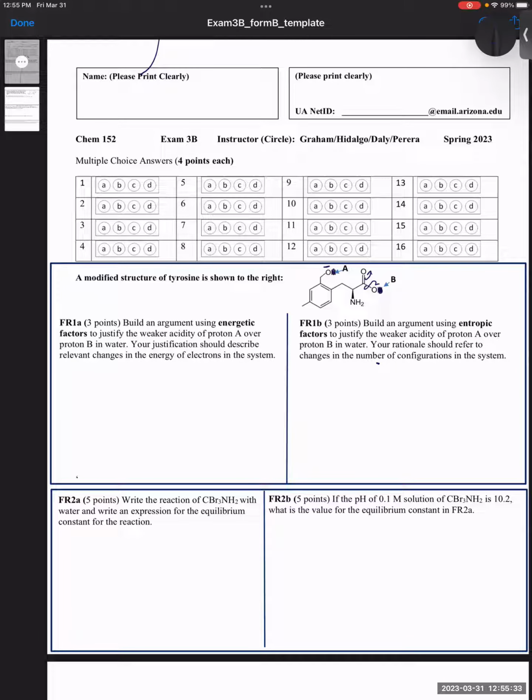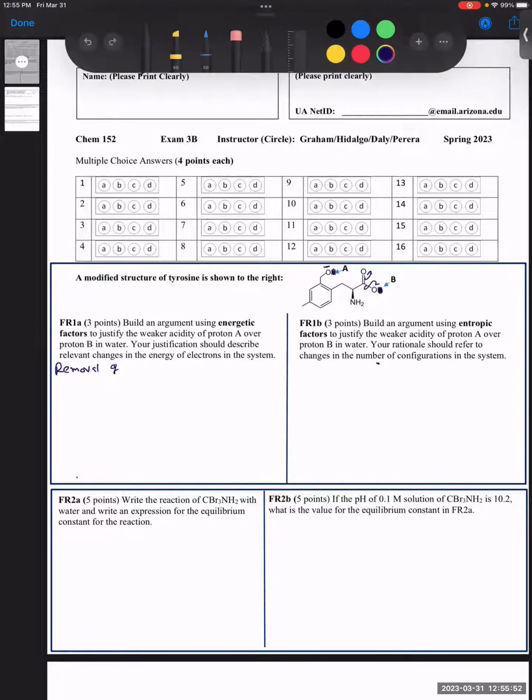So the proton B, let's say conjugate base.